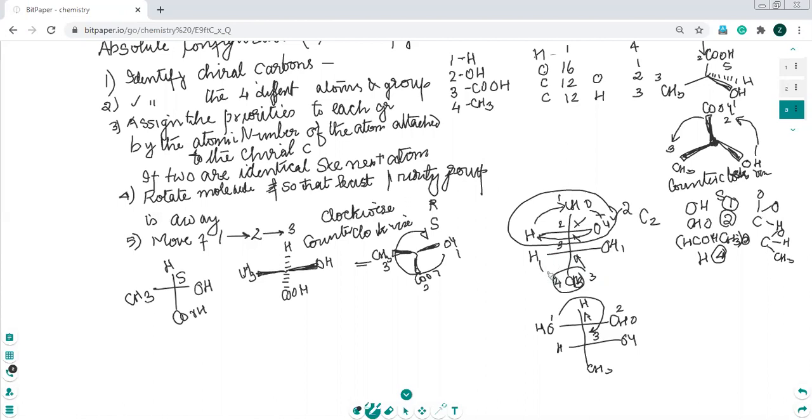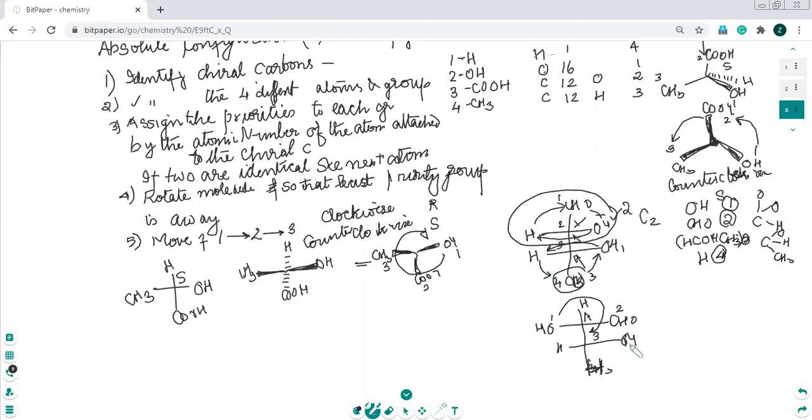So shift this and this. This H will come here.